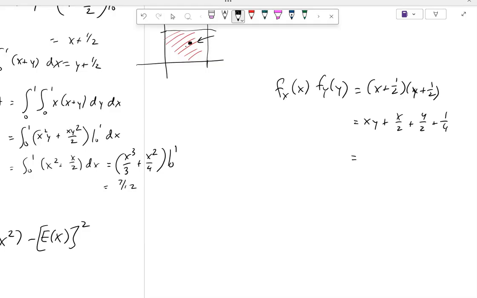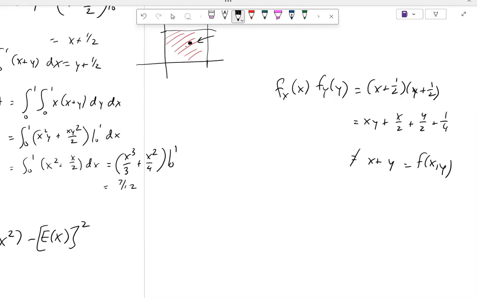And that's not the joint. That's the reason why it's not. That okay?